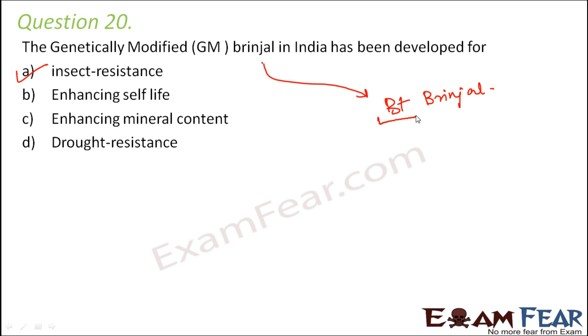And what is Bt? Bt stands for Bacillus thuringiensis. This Bt produces an insecticidal Cry protein. This Cry protein is insecticidal in nature, that means it is capable of killing insects. So when you have this variety of brinjal, the variety itself is resistant to insects. So that's the main advantage of the genetically modified brinjal.